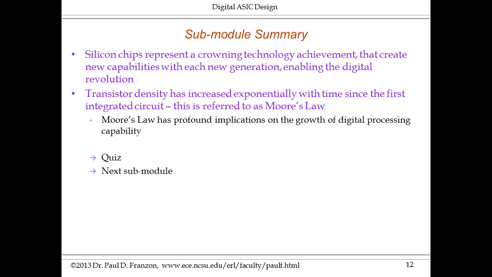And over 50 years later, we're still on a transistor density exponential growth curve. This is referred to as Moore's Law. And Moore's Law has had profound implications on the growth of digital processing capability, enabling all the functions of the digital revolution, which will change again within the next decade as we continue on this Moore's Law growth path.